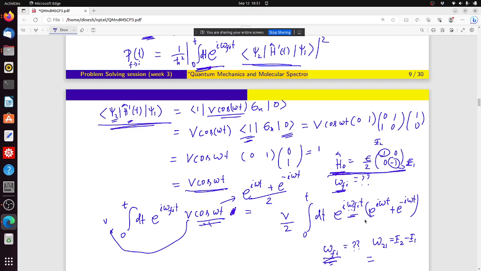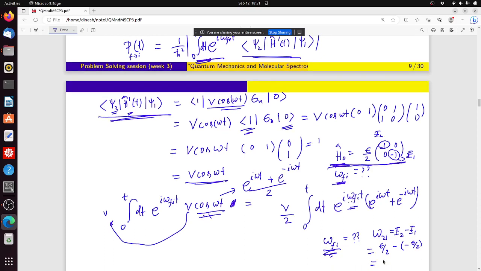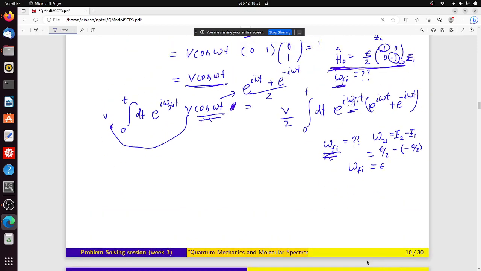Then E2 is epsilon over 2 minus minus epsilon over 2. So this is nothing but simply epsilon. Omega fi is epsilon, right? So we can substitute this omega fi as epsilon.